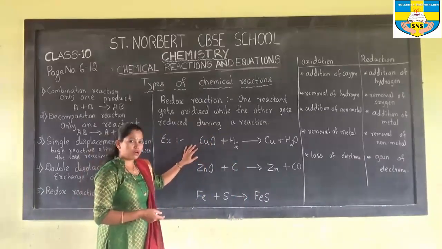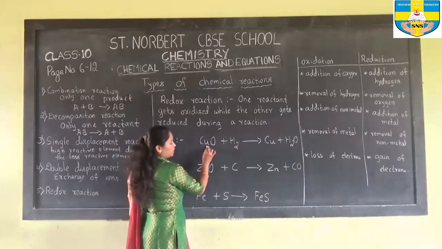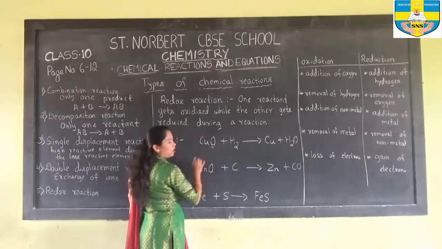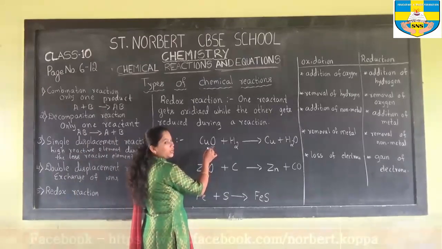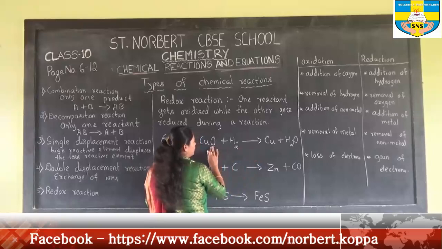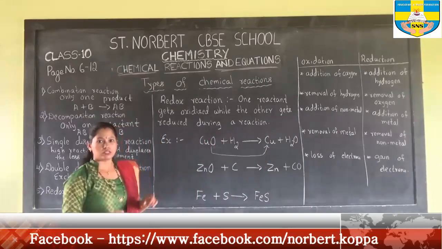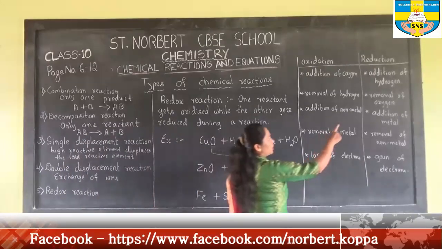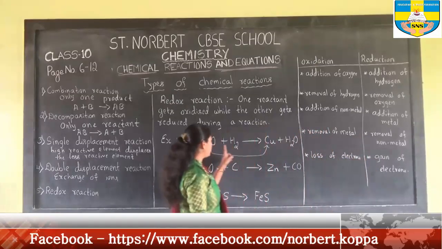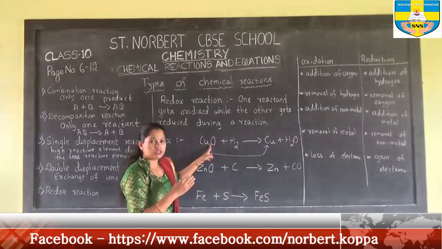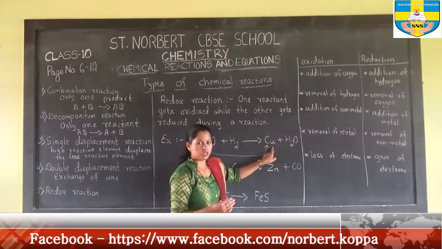Like that, this example is also for the redox reaction. How? See here, in the CuO, there is oxygen present. In this CuO, removal of the oxygen takes place and that becomes Cu. So, from CuO, the oxygen is removed and it is reduced into Cu.